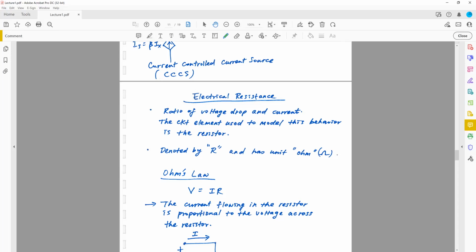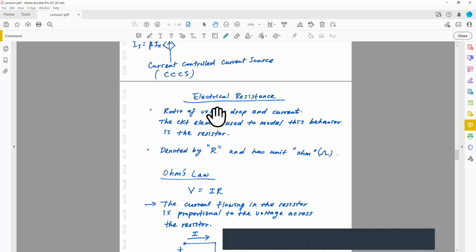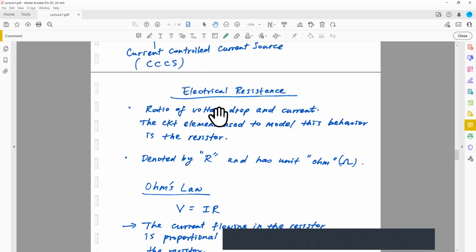By definition, electrical resistance is simply the ratio of voltage drop to current. The ratio, right? So this ratio tells me that I need to take something divided by something.